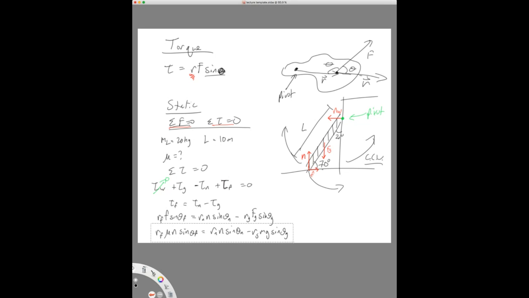So if I just copy this onto a new page, okay, so there it is. We could just rearrange it and solve for mu.